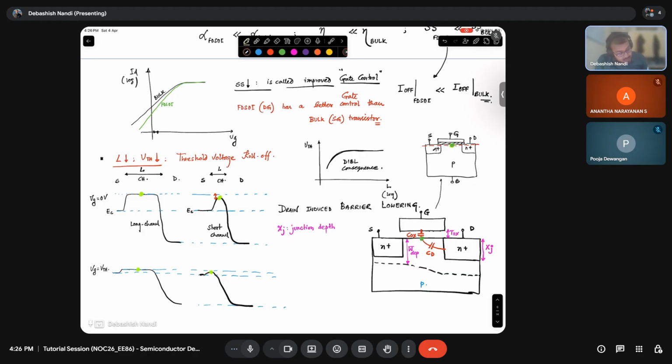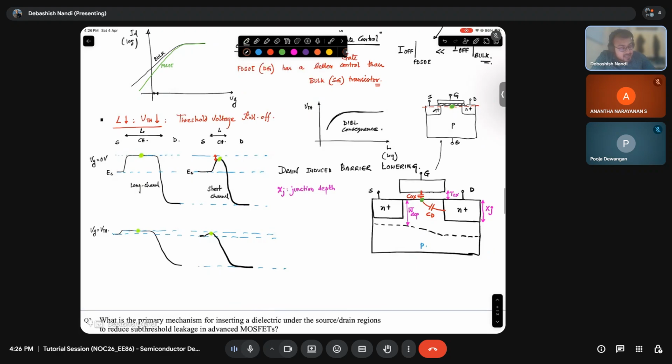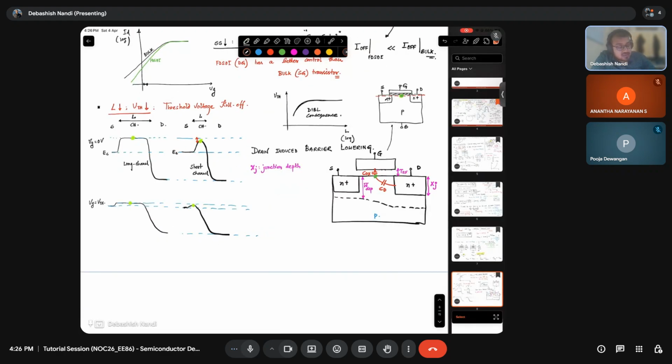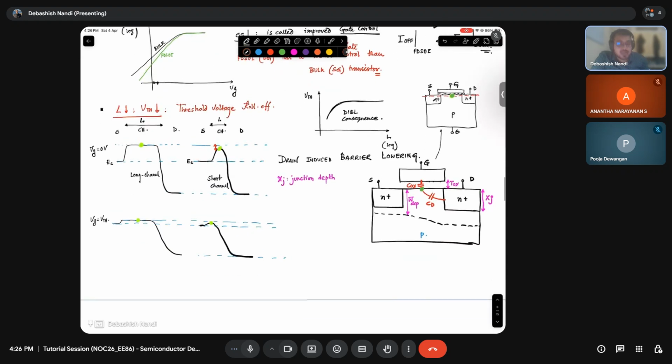So I am writing an empirical formula. Empirical means not analytical.